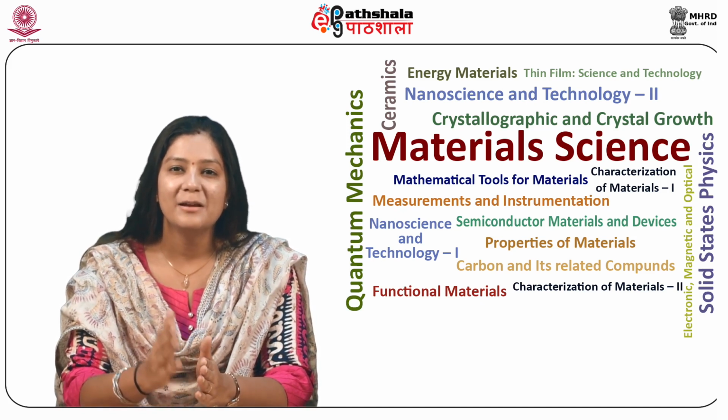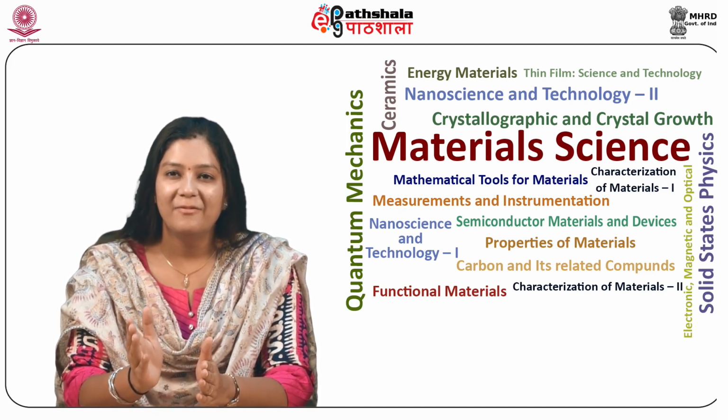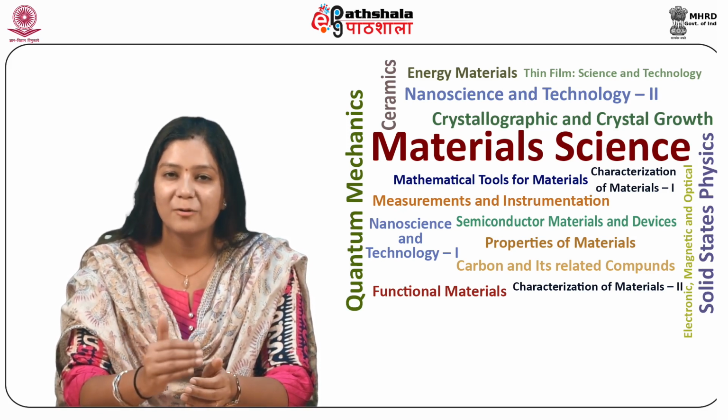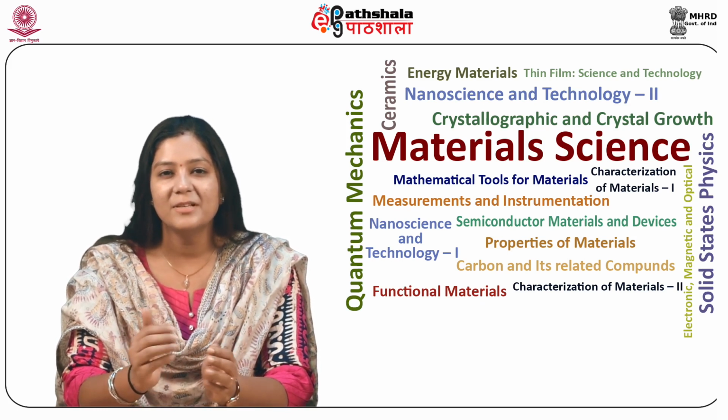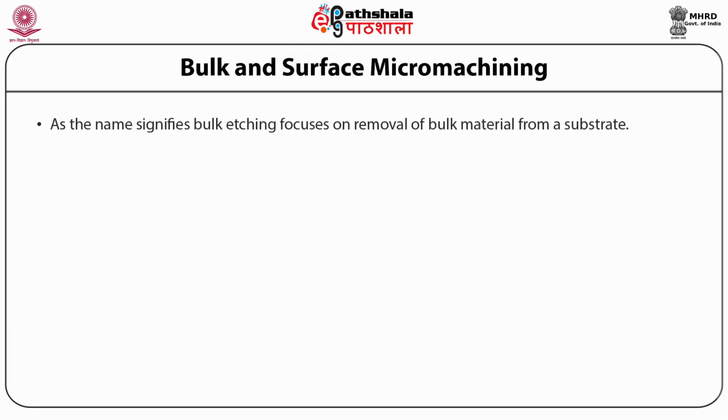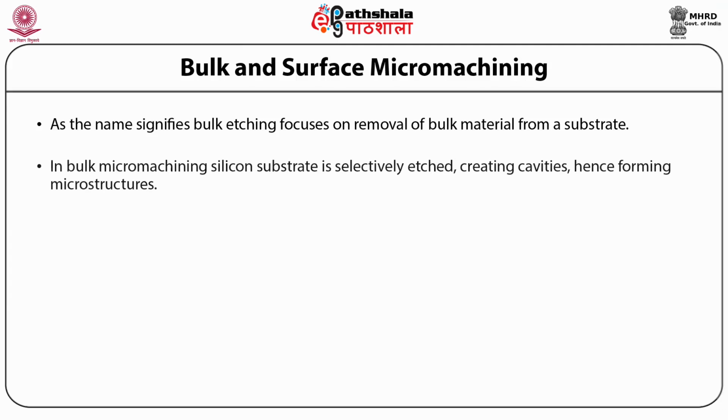Bulk micromachining mostly utilizes wet etching techniques for fabricating microstructures, whereas surface micromachining uses dry etching techniques. As the name signifies, bulk etching focuses on removal of bulk material from a substrate. In bulk micromachining, the silicon substrate is selectively etched, creating cavities and hence forming microstructures.